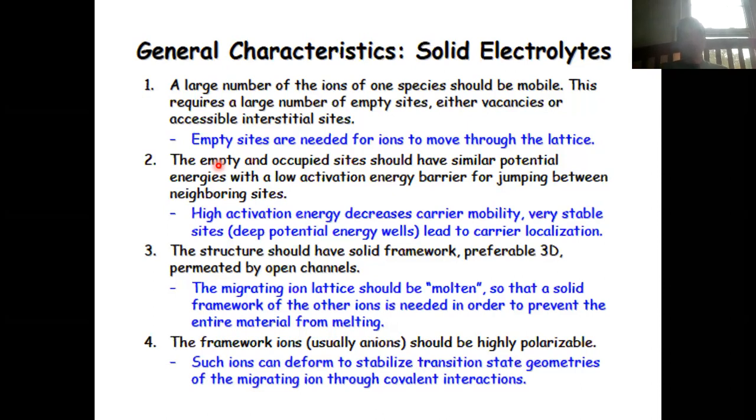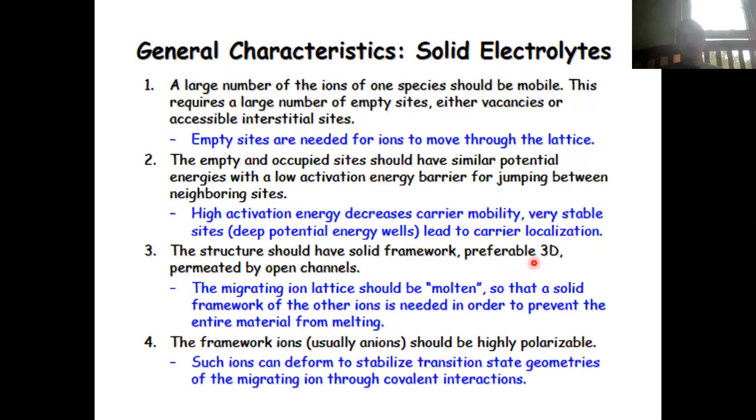The third rule is that the structure should have a solid framework, preferably three-dimensional, permeated by open channels. A three-dimensional structure is preferable because the ion conductivity can occur in multiple ways. Statistically, there is the greatest number of possible paths the ion can go through the lattice when we have a three-dimensional framework with three-dimensional open channels.